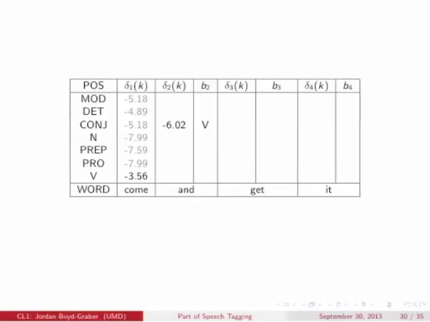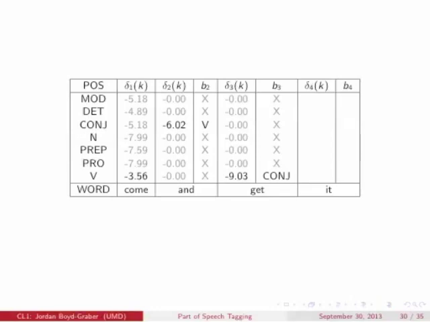And now we record the breadcrumb for that position, that when we're in the conjunction part of speech tag at time 2, our best previous state was the verb. And we continue to fill out the table.